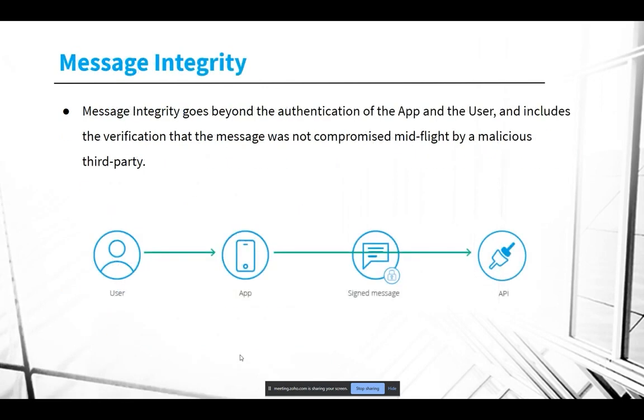The second part is message integrity. Till now we are saying you validated yourself, that's perfectly okay. But when we talk about the first attack, the man in the middle attack, the user and the web application did not get the picture that someone was listening to their message.